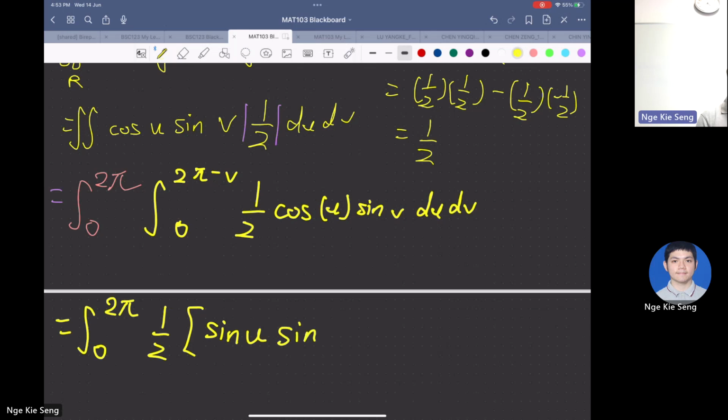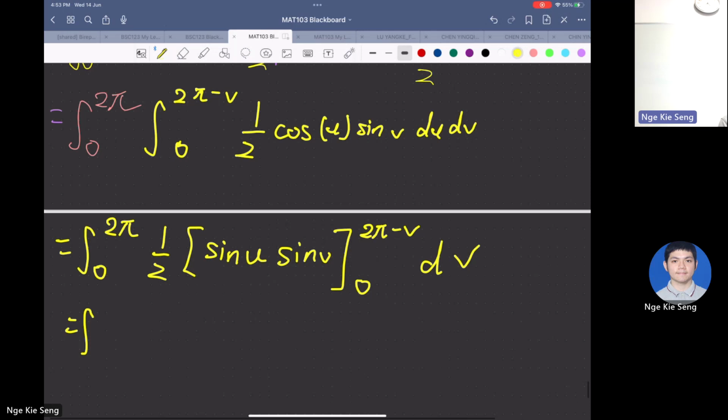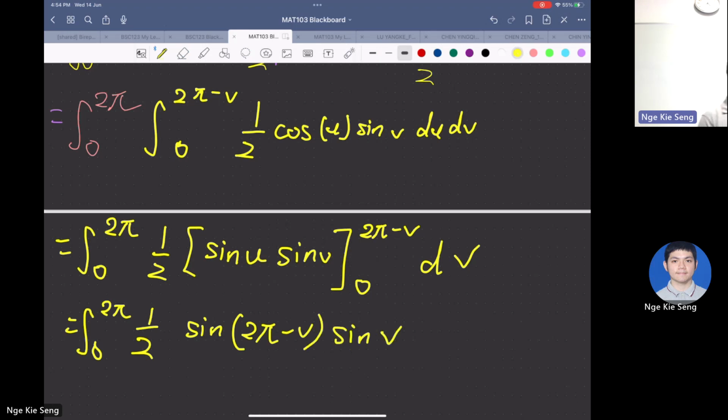Sine u times sine v, integrated from 0 to 2 pi minus v, dv. And then altogether I get sine v times minus sine v. Is that right? I think I skipped something. Maybe let's substitute it in. So this is 2 pi minus v times sine v, and then sine 0 is just 0.